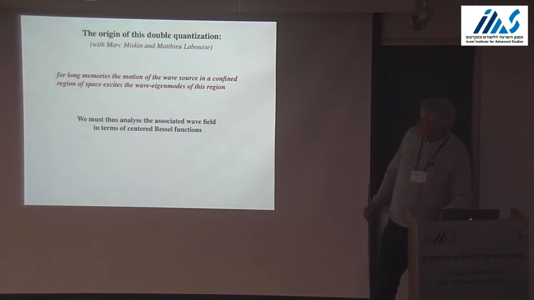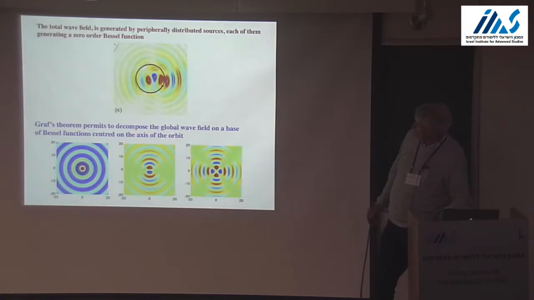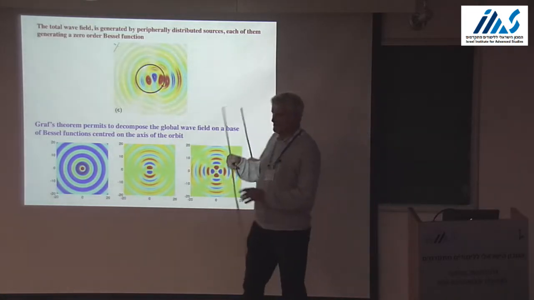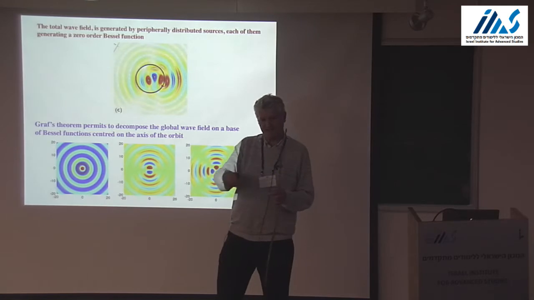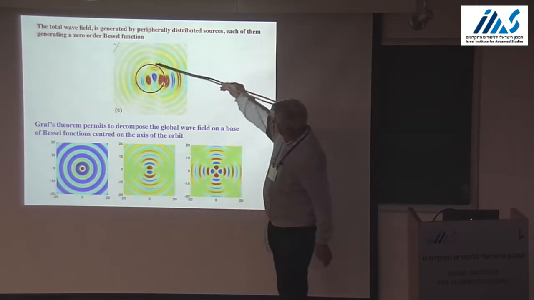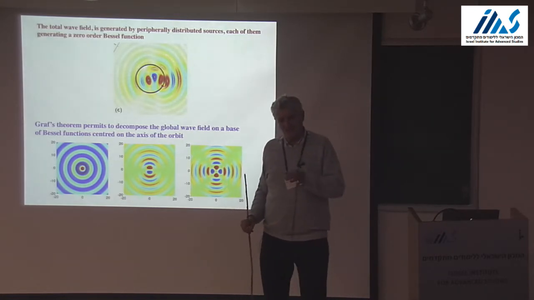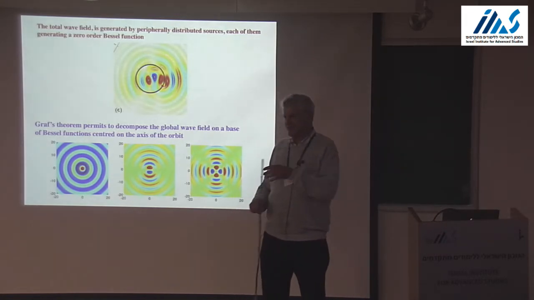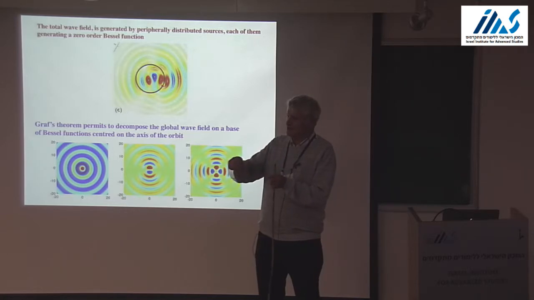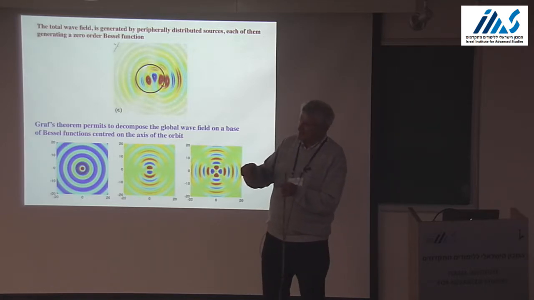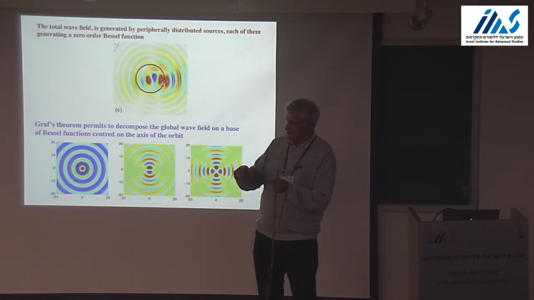Okay, so the origin of the double quantization can be understood in this fact that as a drop orbits on its orbit, it keeps generating waves, and these waves accumulate. So it's a little bit like if the drop was moving on a drum, it would generate global oscillation of the drum.